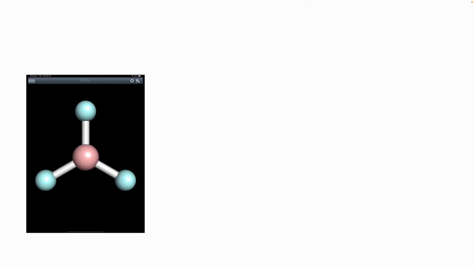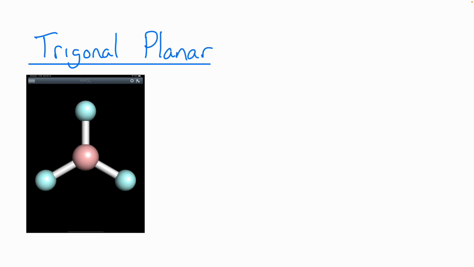All right, we can also do this geometry right here, which is what? Which would this one be? Trigonal planar. And again, because this is a planar molecule, all of these bonds are flat on the page right here. So my perspective drawing, I would just draw all three bonds using that straight line bond.